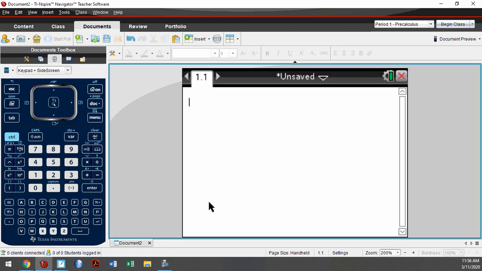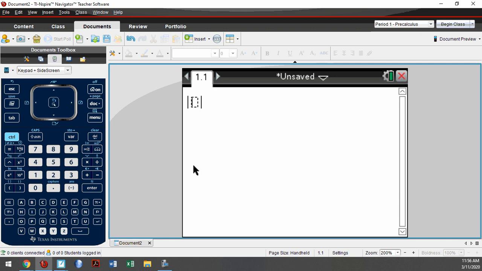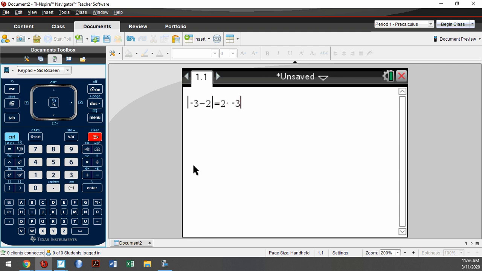I want a new document, a calculator page, and that is going to be the original problem that you are going to utilize. Absolute value bar is to the right of the 9, and x is negative 3 minus 2, arrow to the right, equals 2 times negative 3 plus 1.